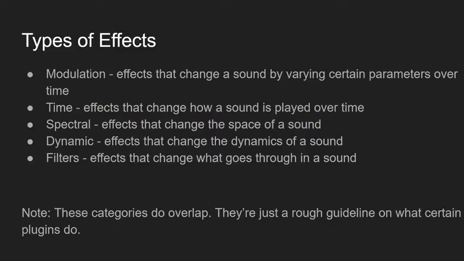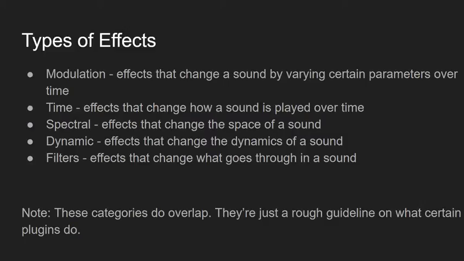Spectral effects change the space of a sound. Now this is plugins that affect like panning, stereo versus mono, and other things like that. There are even plugins that give you like 3D audio, so like you have this notion of front and back, not just left and right. And then there's also dynamic effects, which change the dynamics of a sound.